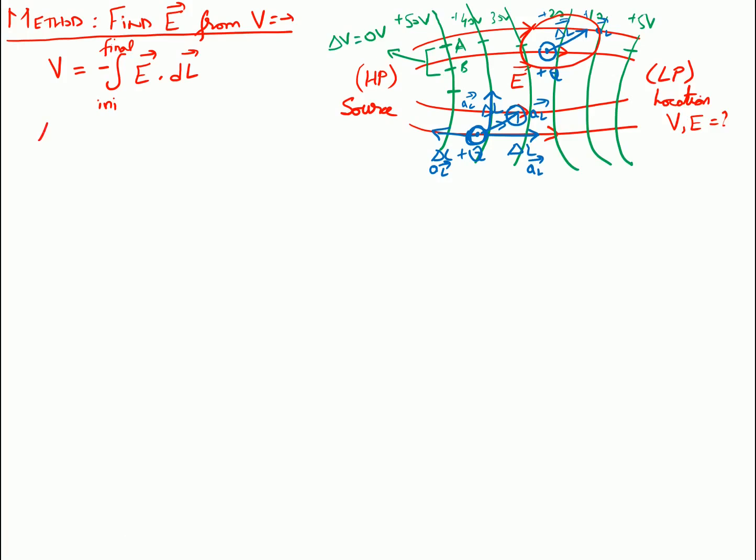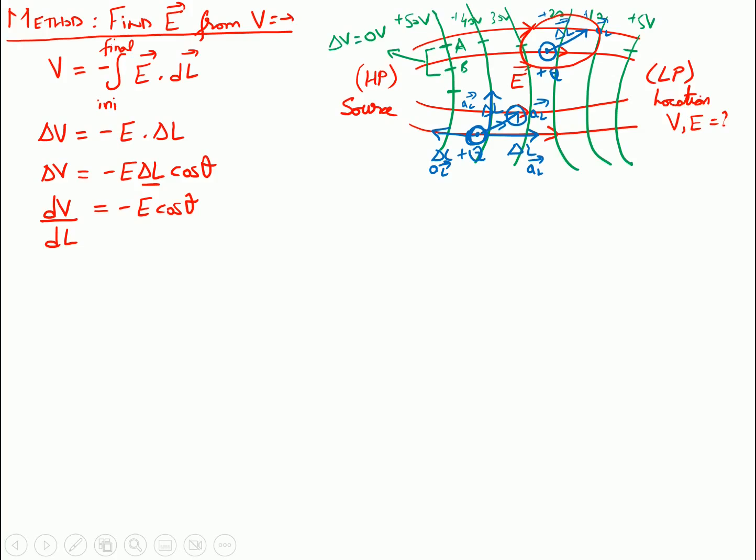So I can write delta V is equal to minus E dot delta L. Since this is a dot product, I can write it as minus E delta L cos theta. We can change this delta into a differential, dV, and bring L to the denominator, so it will be dV by dL equals minus E cos theta.